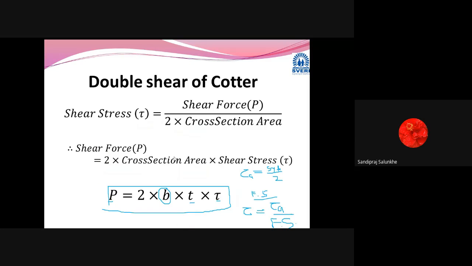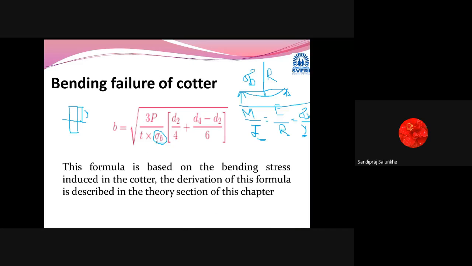Now here we are calculating just this bending stress. Bending stresses are calculated by means of M by I is equal to F by Y, equal to E by R. F means stress, sigma B actually, not T: sigma bending divided by Y, equal to E by R, Young's modulus divided by the radius of curvature.